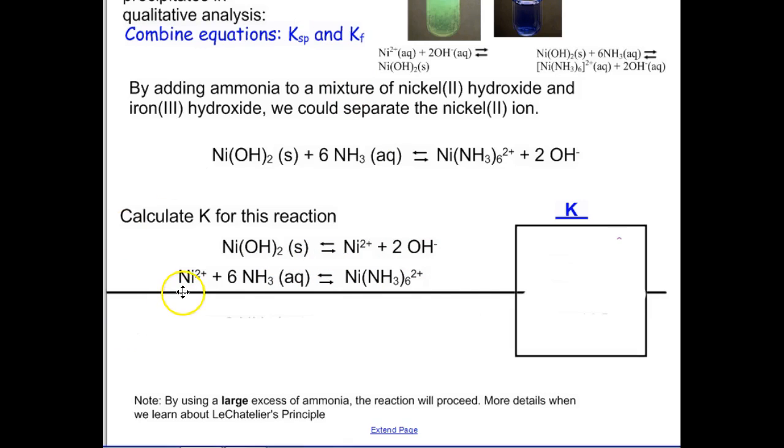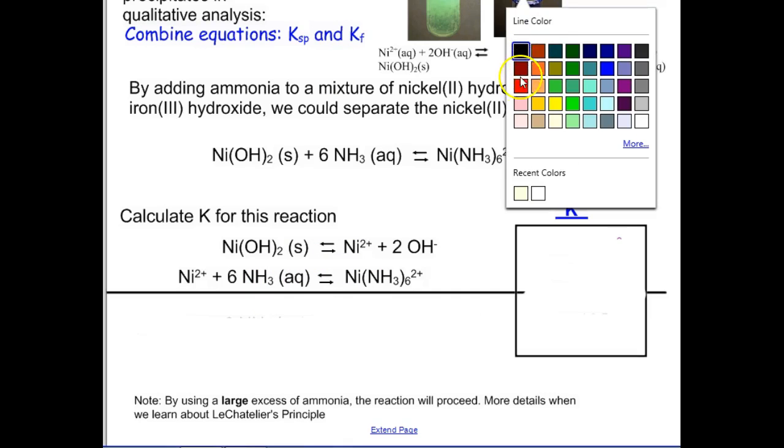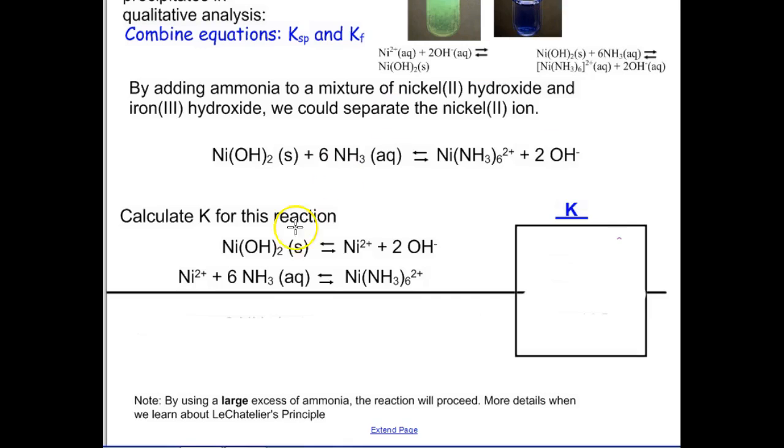And I have nickel ions and ammonia forming the complex ion. That's the KF. If I cross off the things that are the same on both sides, so I cross off nickel ion, I end up with my nickel hydroxide dissolving in the presence of ammonia.